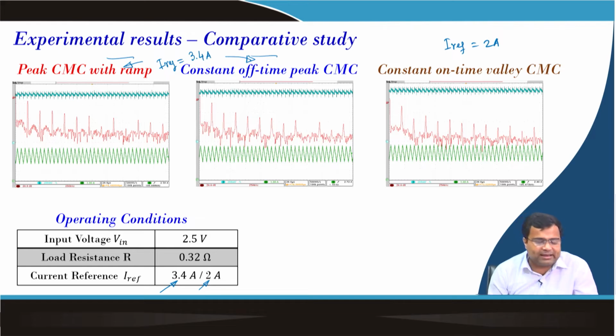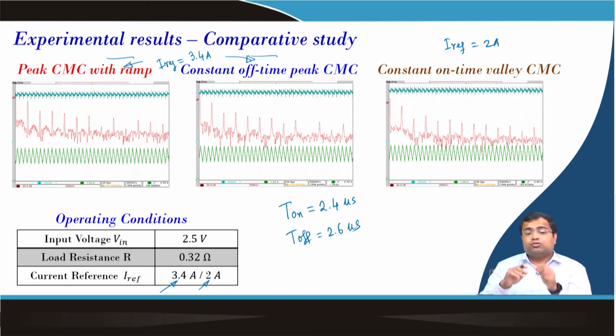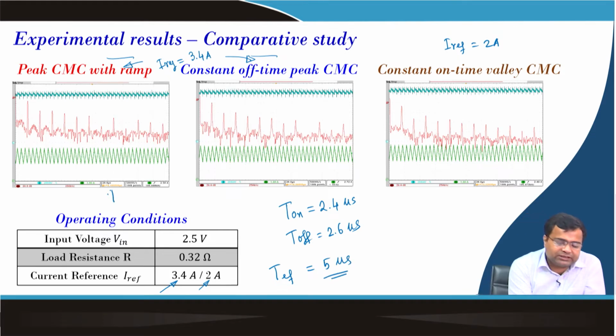At 2.5 volt input we have selected the on time and off time in such a way that T on is found to be 2.4 microsecond and T off is found to be 2.6 microsecond. So they are very close to 50% duty ratio, because our effective time period we want to be 5 microsecond. This switching period is 5 microsecond, because we are using fixed frequency control.